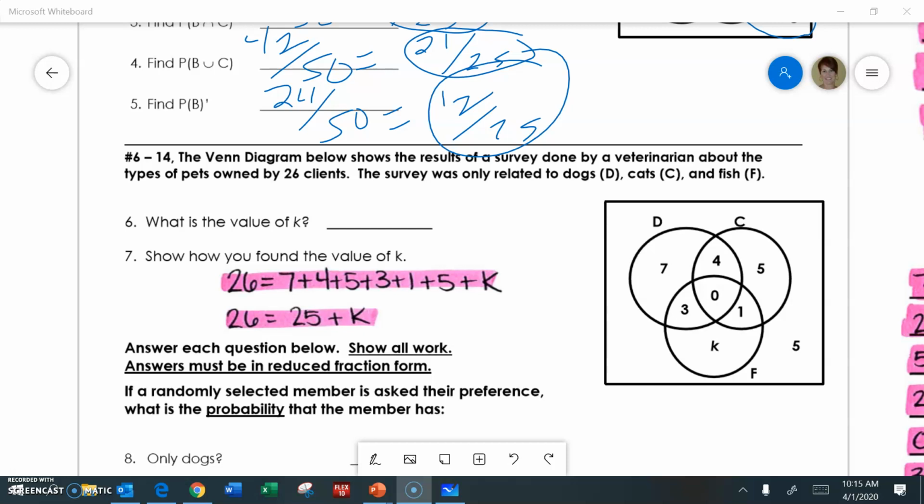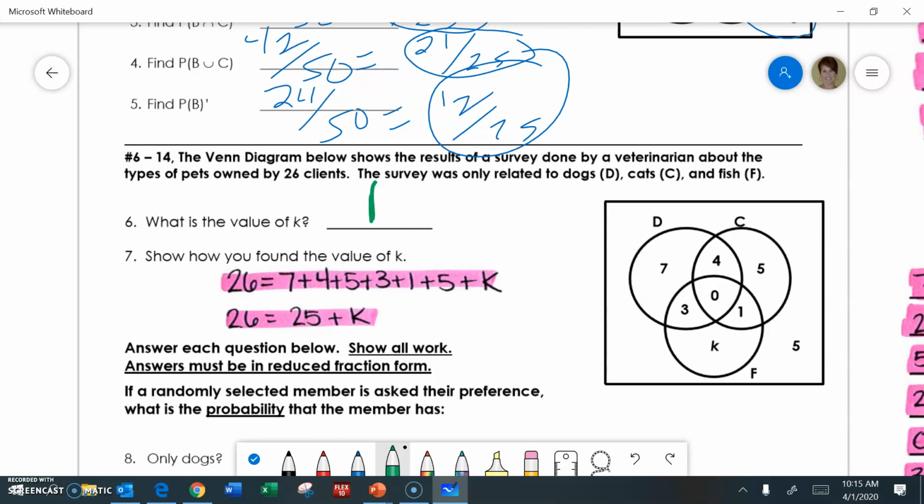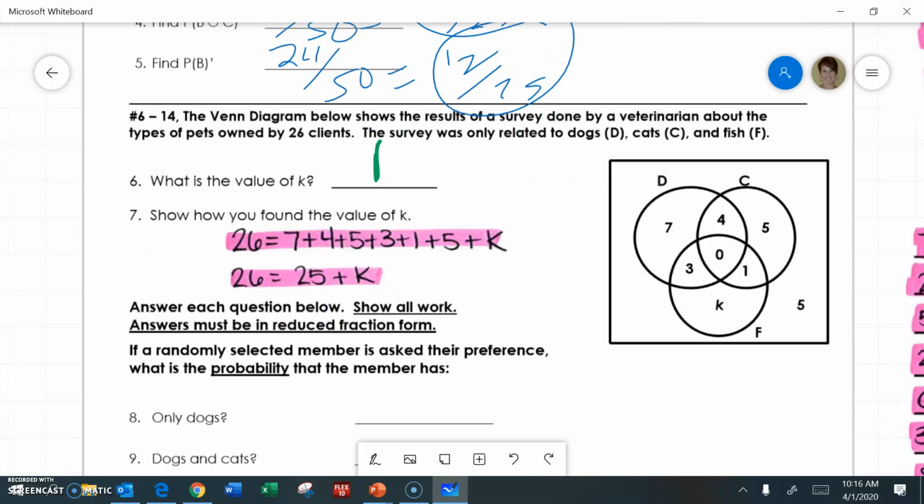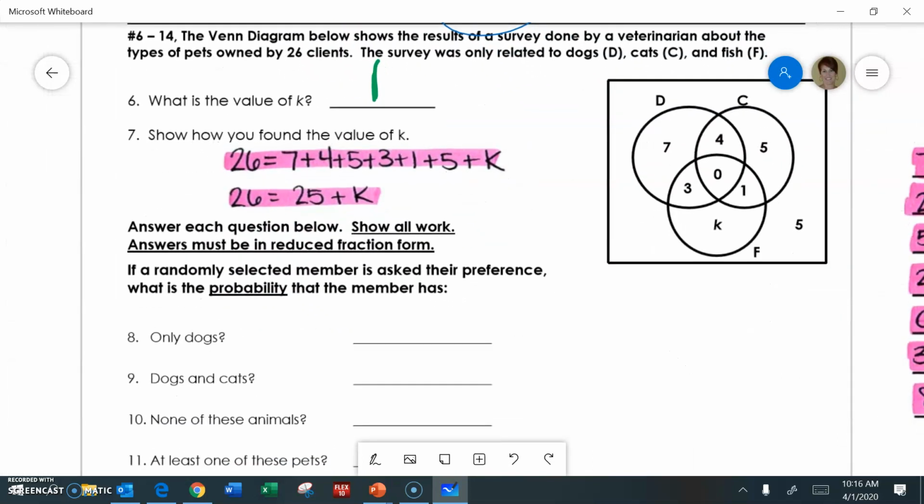But if we know that there were 26, all I did is I added up all the numbers that you see in the Venn diagram, which added to 25. And so therefore it leaves us with the answer that was missing. So the value of K you found should have been just a 1. So you can see my work there of how I was able to get that. Okay. So now I'm going to answer these questions.